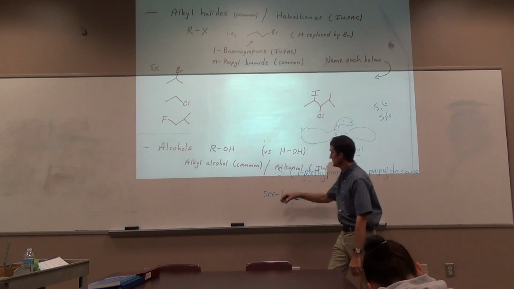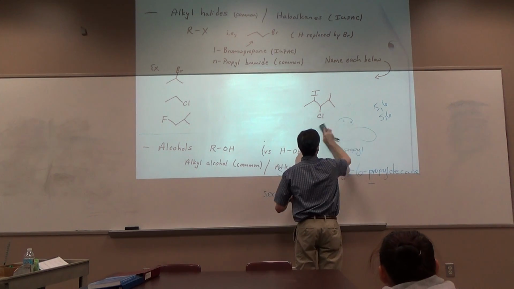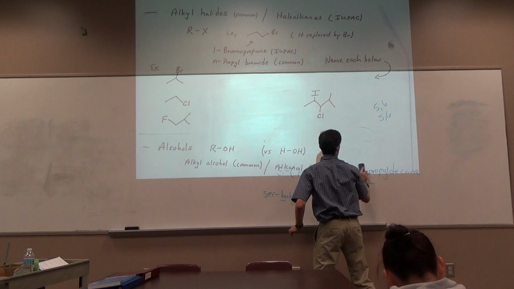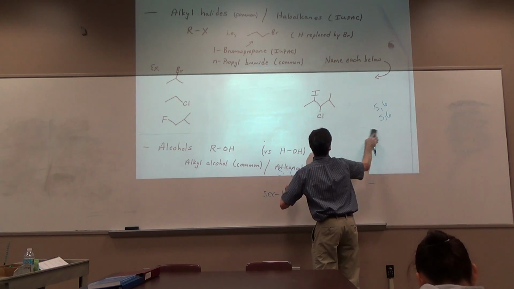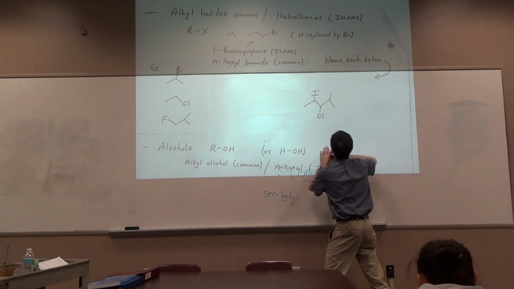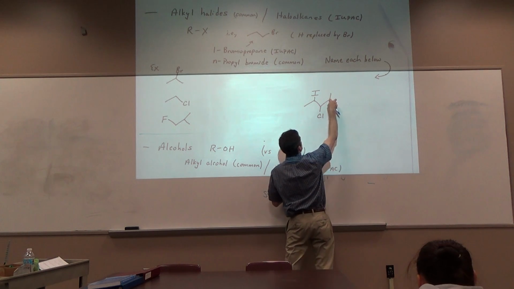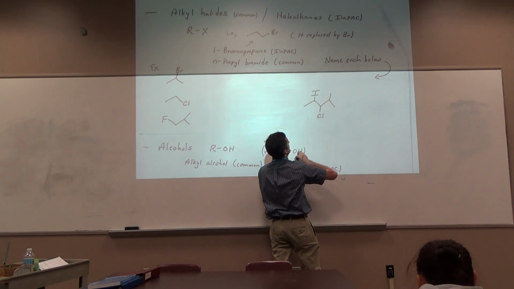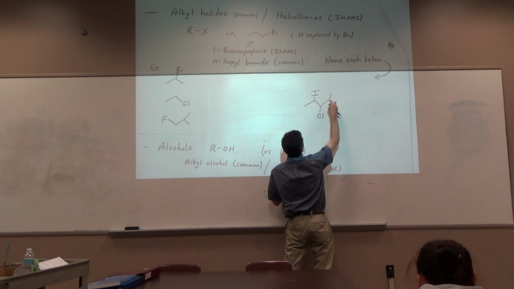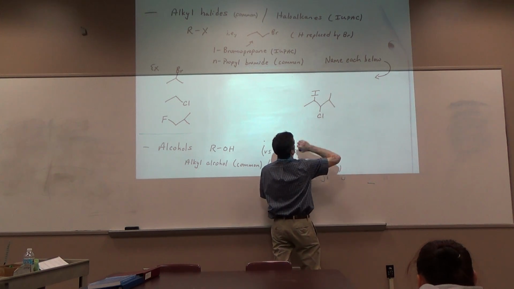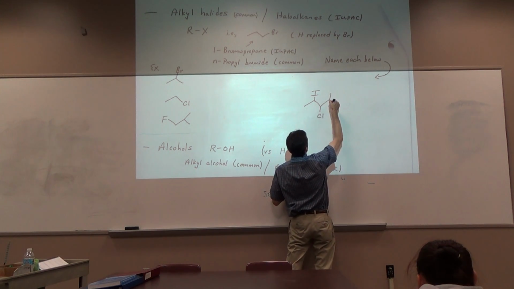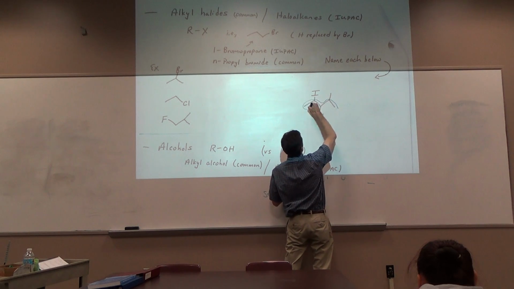This guy here, right? Longest continuous chain. 1, 2, 3, 1, 2, 3, 4, 5. 1, 2, 3. I see 5. Either way you go, there or there, it's the same thing.